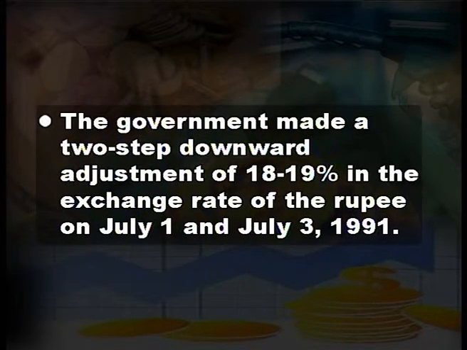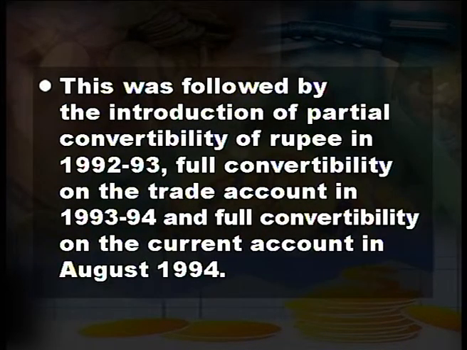The government made a two-step downward adjustment of 18 to 19% in the exchange rate of the rupee on July 1 and July 3, 1991. This was followed by the introduction of partial convertibility of rupee in 1992-93, full convertibility on the trade account in 1993-94 and full convertibility on current account in August 1994.